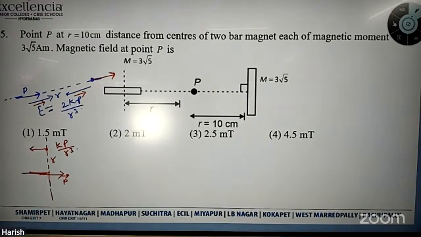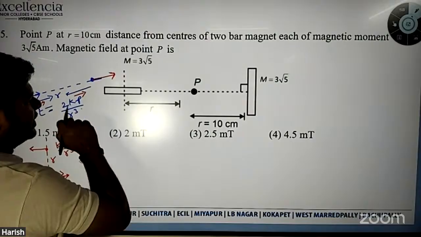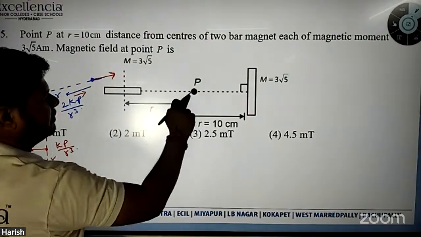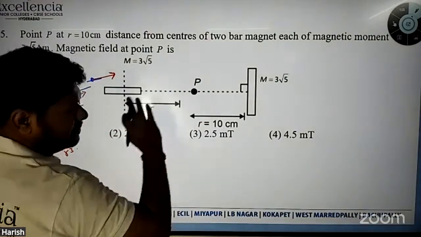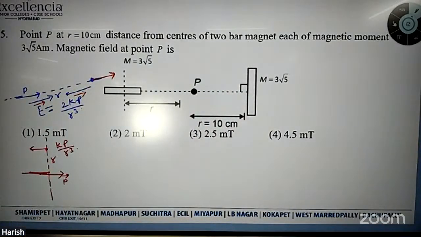So at a point on the equatorial line, the electric field will be towards the left side, and its magnitude is kp by r cubed. The similar formulas you can use here. You can notice for the first bar magnet, point P is on the axial line, and for the second one, it is on the equatorial line.